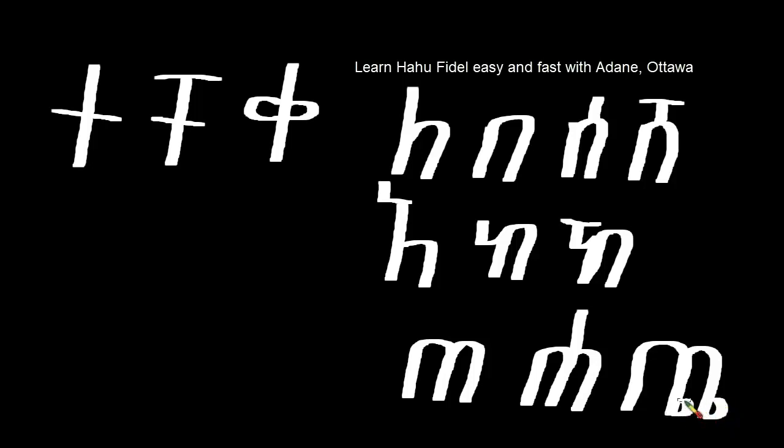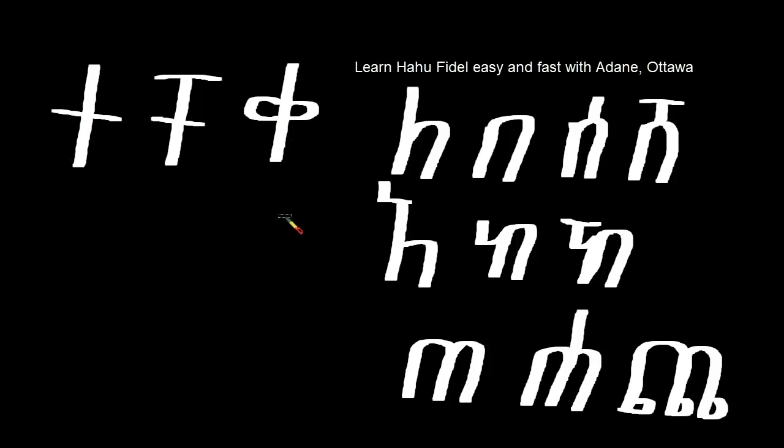You just put the circle inside, like this. So ta becomes ha, ta becomes cha. So these are three-legged Hahu Fidels, and these are two-legged Hahu Fidel examples, and of course this one is ka, a one-legged Hahu Fidel.